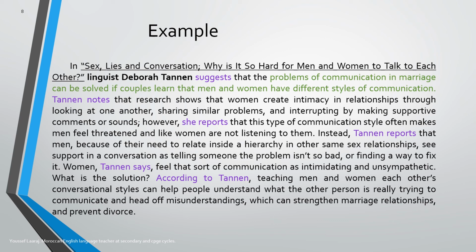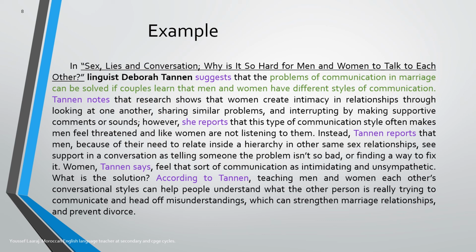As we said, the first sentence of a summary contains three elements. The title, so we have Sex, Lies and Conversation: Why It Is So Hard for Men and Women to Talk to Each Other. This is the title of the work. Linguist Deborah Tannen: here we have the author.